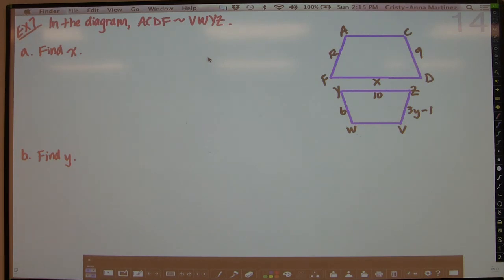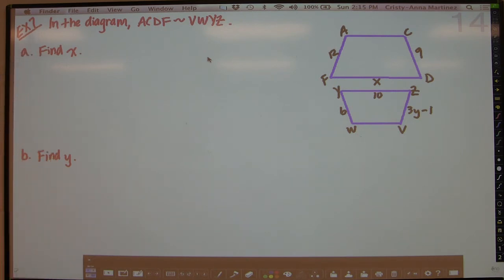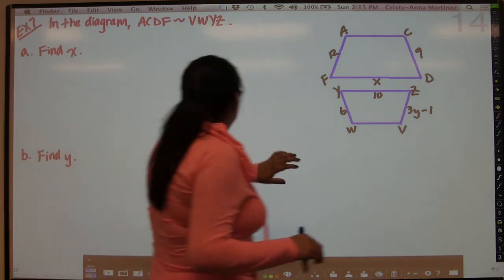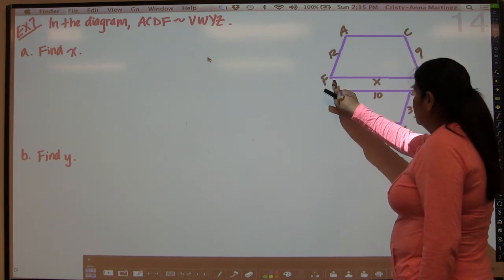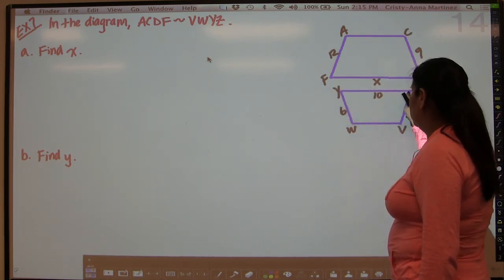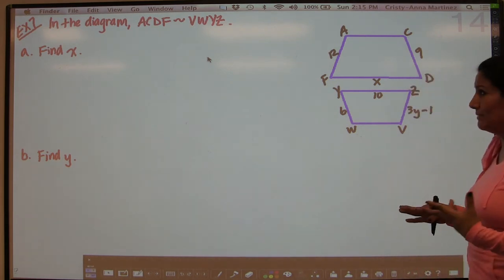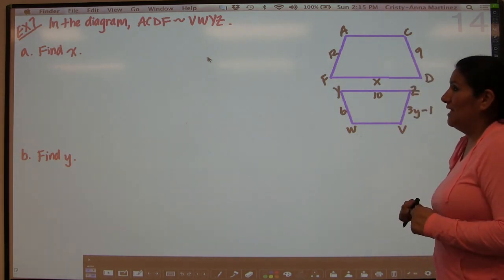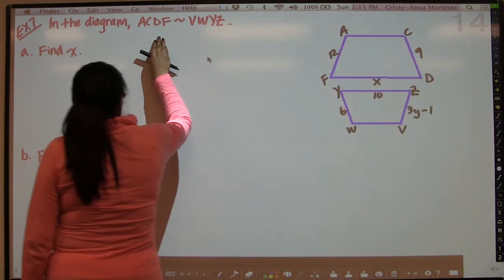It says in the diagram, which is right over there on the right, ACDF is similar to VWYZ. Okay, and again, you look at the diagram and it's kind of inverted and all this nonsense, so it's kind of hard to see sometimes, but it's actually easier to base it off of the similarity statement.